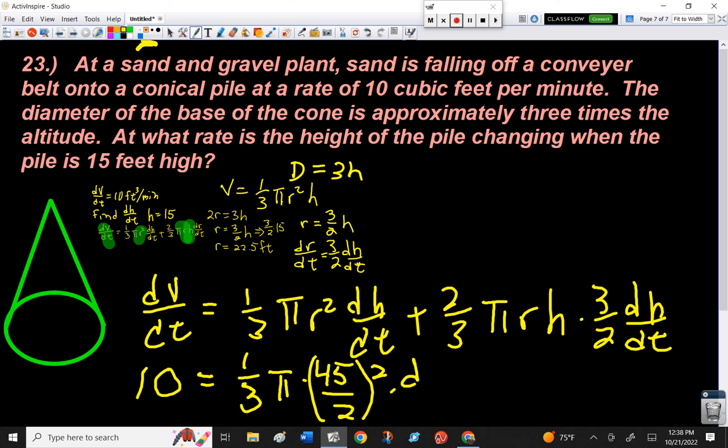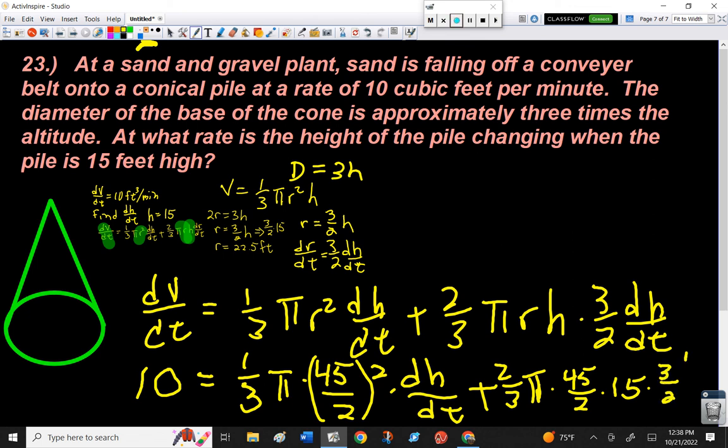Then we multiply that times dH/dt, plus 2/3 pi times 45/2 times 15 times 3/2 dH/dt. I know I'm running out of room here, but that will be all the stuff there.